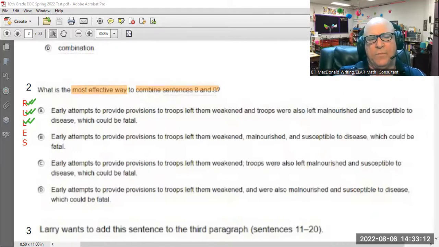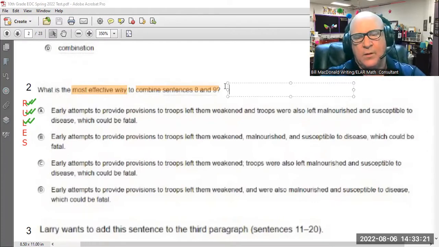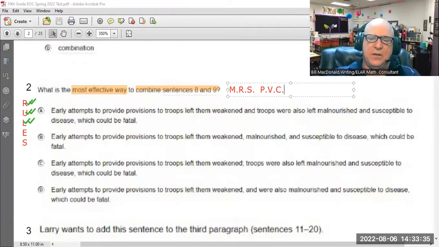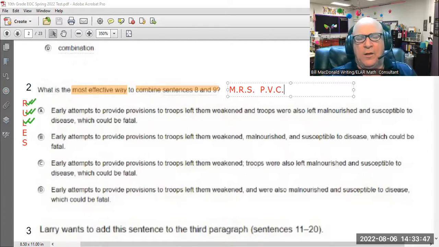Okay, so something that you might want to keep in mind is what I told you, that acronym MISSES PVC, meaning missing, repetition, run-on, subject, specific, predicate, point of view, verb, vague, content, cups. You got to get to the point where your kids can remember these are all reasons why you would eliminate something.